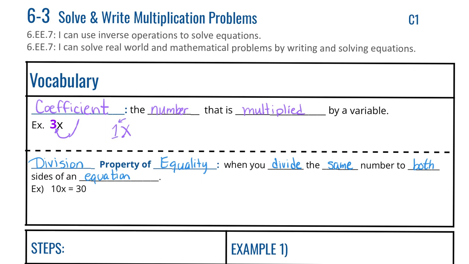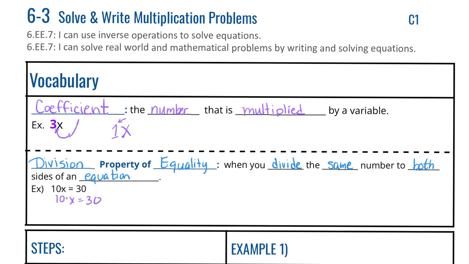The second vocabulary word that I want to talk about is division property of equality. It's when you divide the same number to both sides of the equation, your equation will still be true. So looking at 10x equals 30, that means it's 10 times x equals 30.